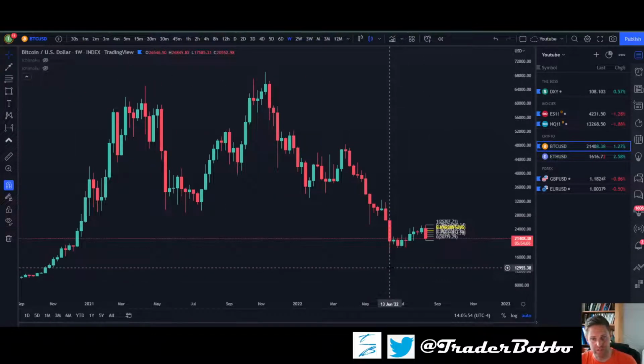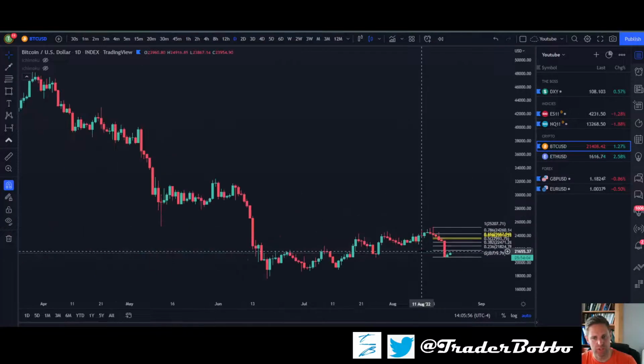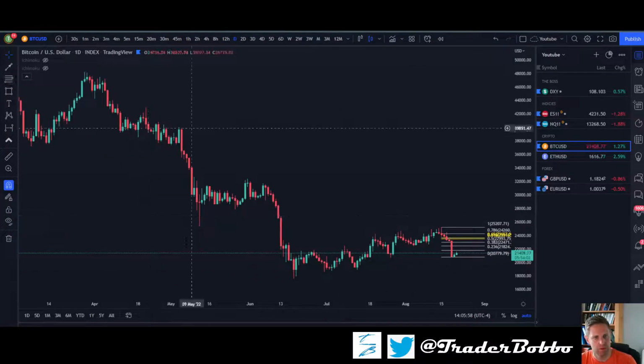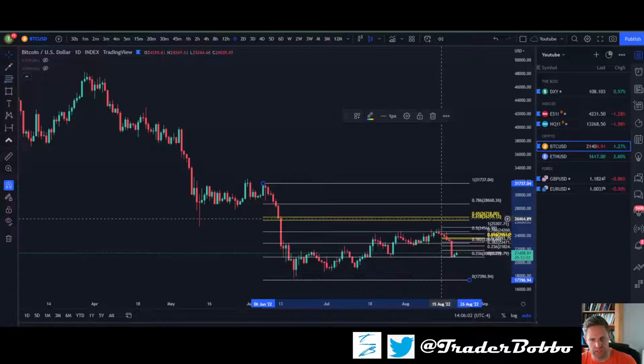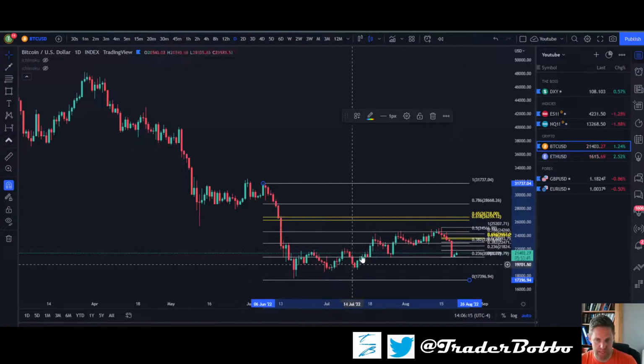What I was looking at previously, when this was coming up, was this zone here. You had a really nice weekly area here, not much of a resistance, I must admit, but also not much previous support, as you can see. And I was looking at a move up to here, so I was playing some longs, trying to get up to this point.